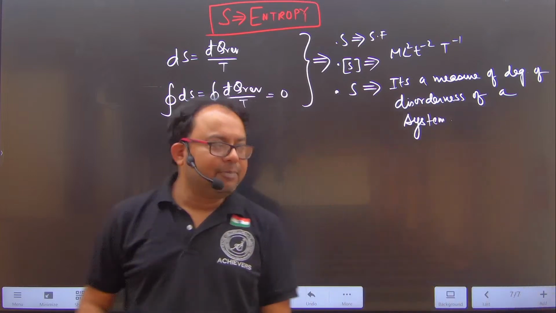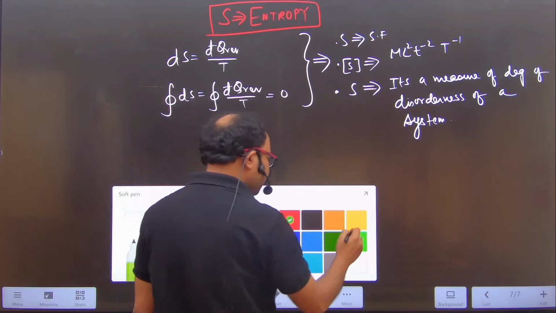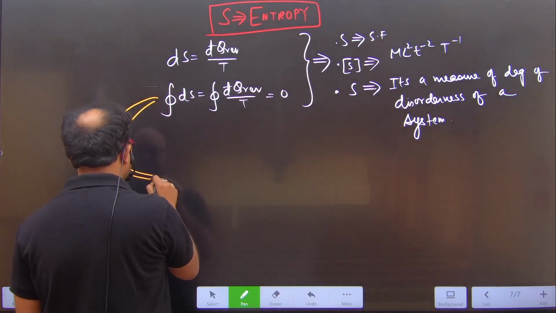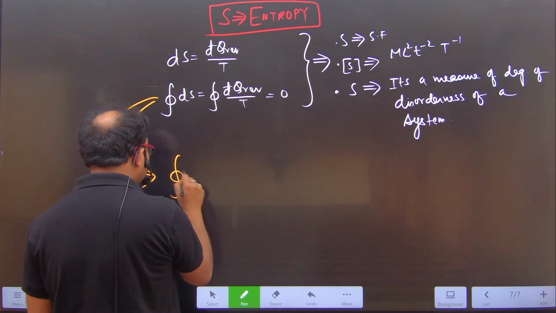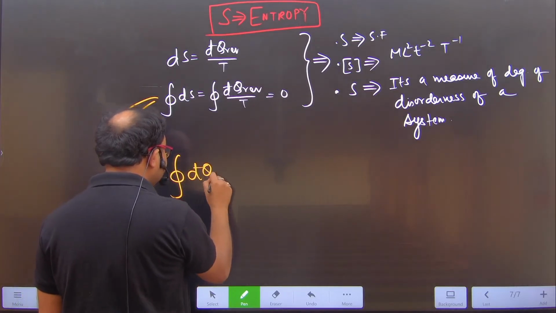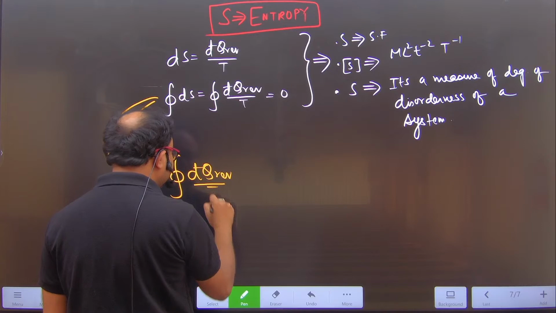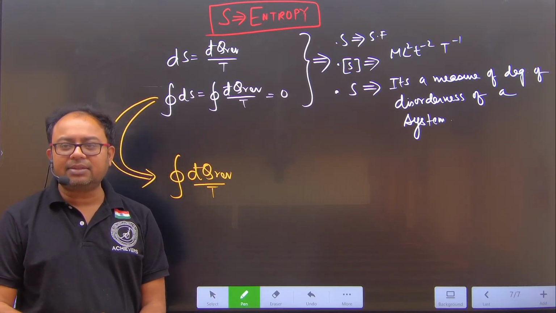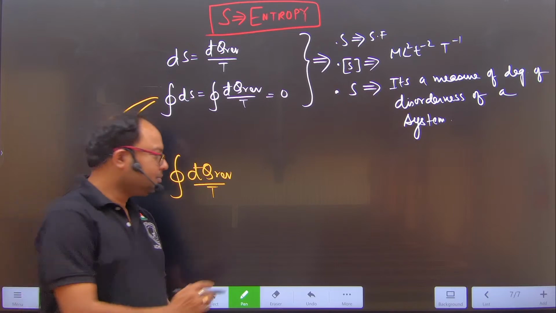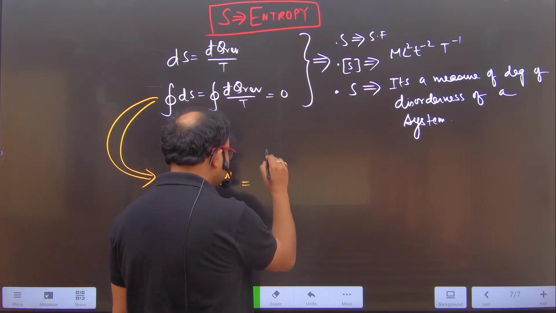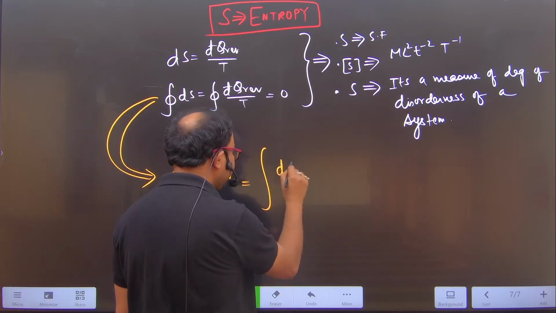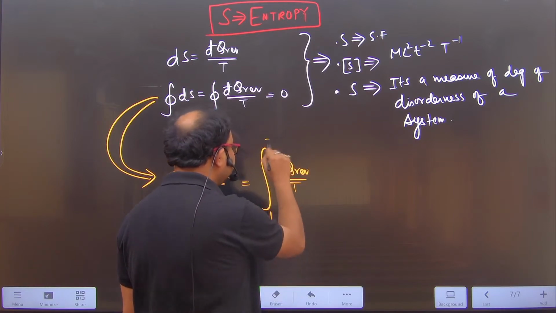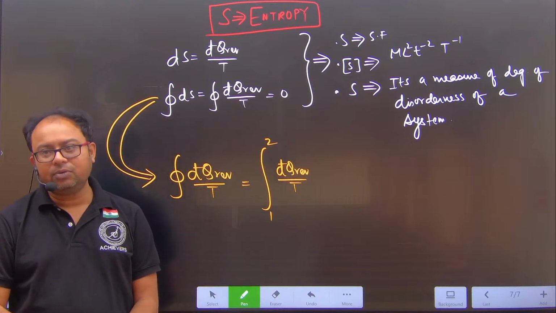So let us get back to the Carnot cycle once again. For the Carnot cycle, the cyclic integral of dQ reversible by T, this cycle is comprised of 4 steps. First one is step 1, connecting states 1 and 2.